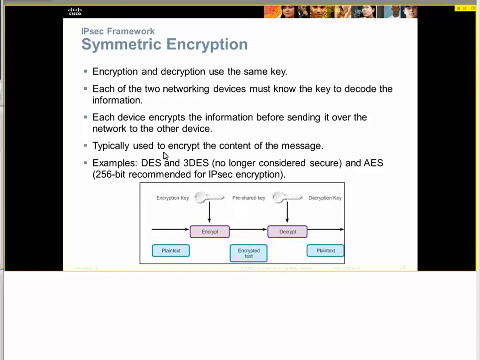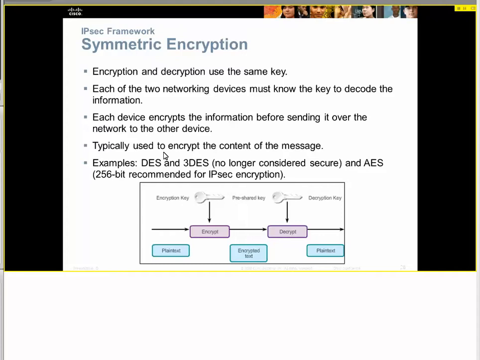Give it a passphrase, there you go. AES has a 256-bit key, and at this point has never been cracked. AES has not been cracked yet.